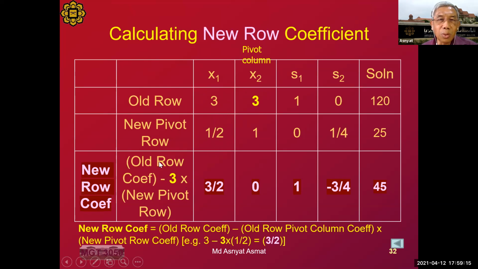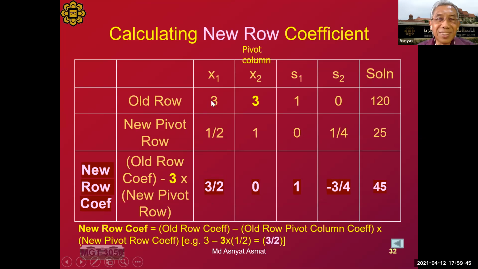So in this case, old row coefficient 3 minus old row pivot column coefficient times new pivot row coefficients, I get this number. Someone want to check? 3 minus 3/2. Is it the same? Do you get 3/2?